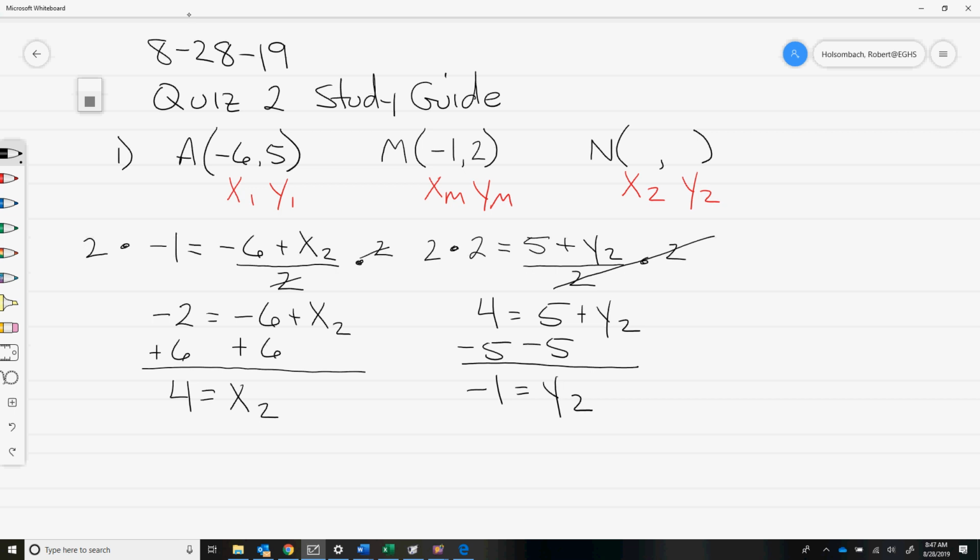So your coordinates for point N are going to be 4, negative 1. There's your answer. Y'all got it?